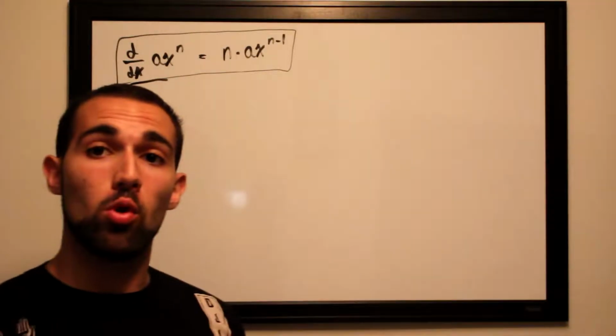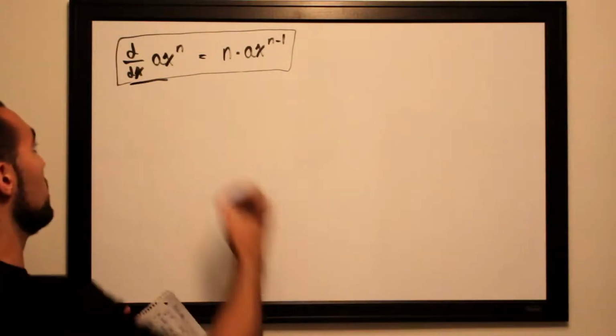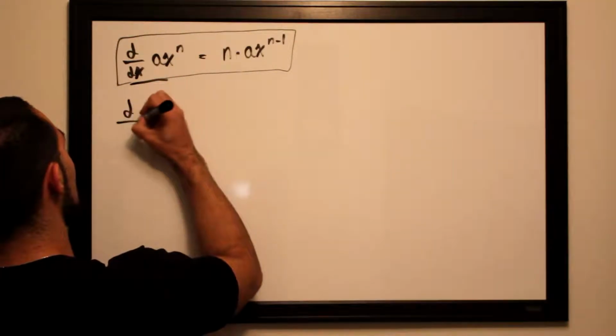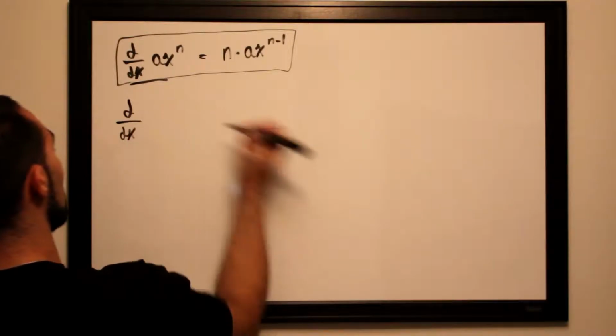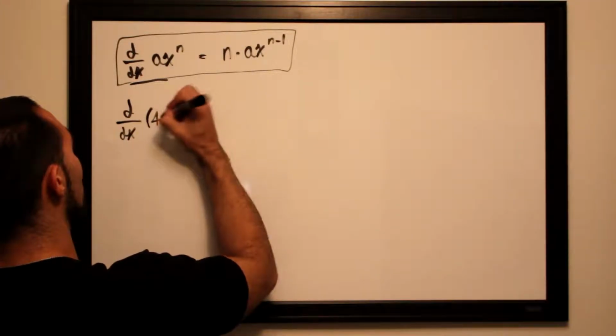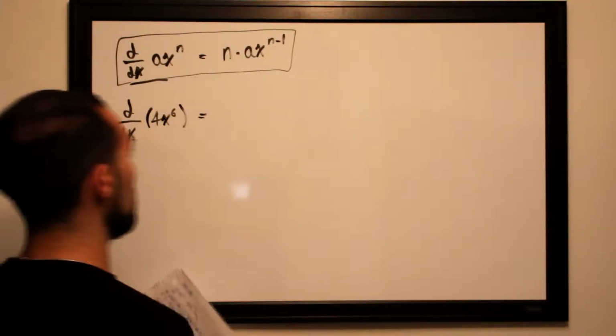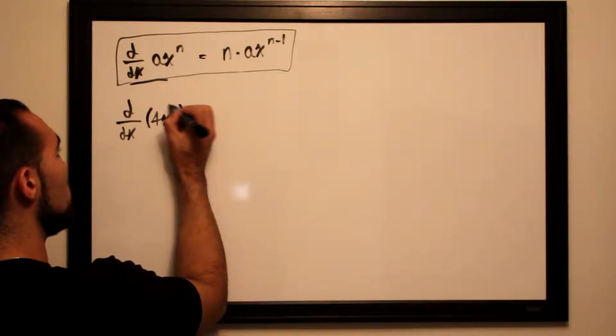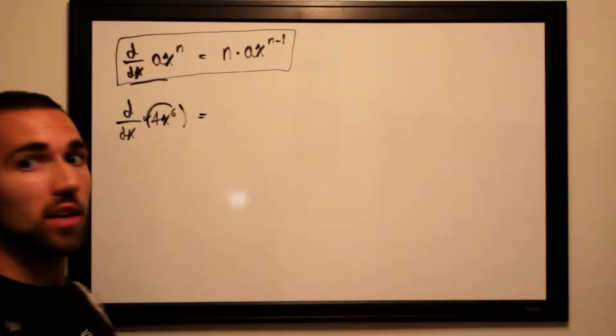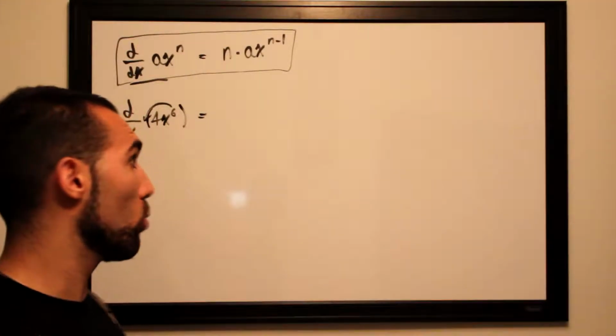So using the power rule, we want to evaluate the derivative of the function 4x to the 6th power. So d by dx of 4x to the 6th. Well, essentially what we'll be doing is we'll take the exponent, which is 6, and drag it in front of the coefficient which is already there.